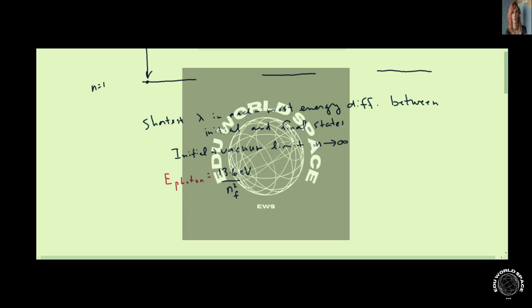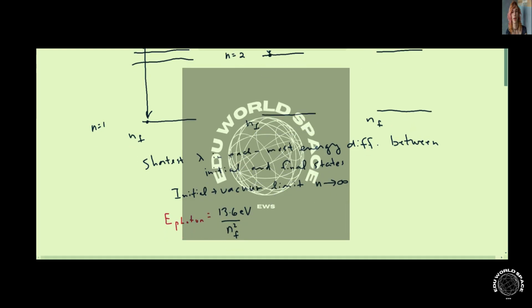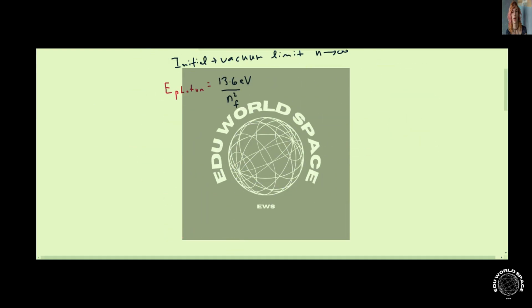So we're simply going to have to square the n final in each of these cases to figure out the shortest wavelength in each series. So let's go ahead and do that. The energy of the photon, by the way, is good old hc over lambda. And we will use atomic units, 1240 eV nanometer over lambda.